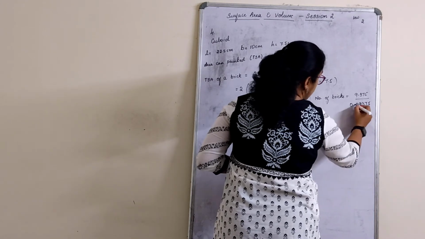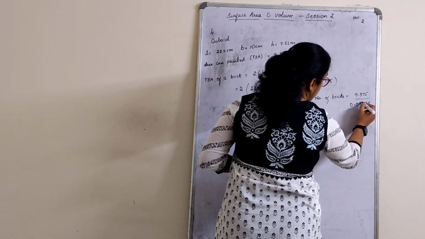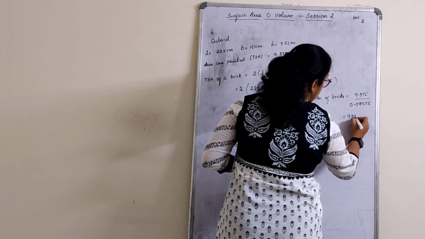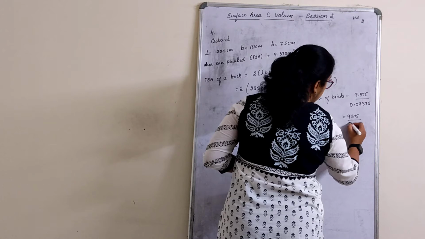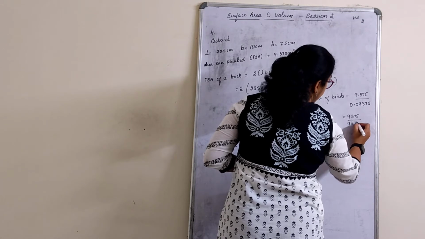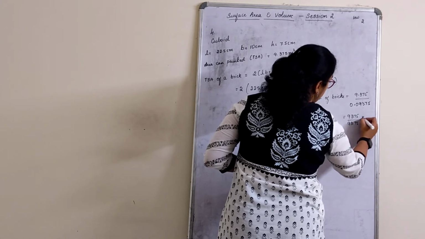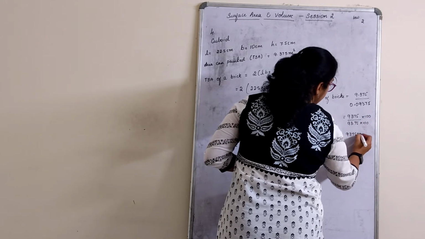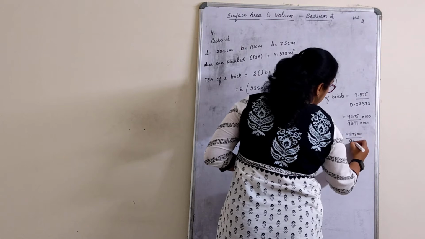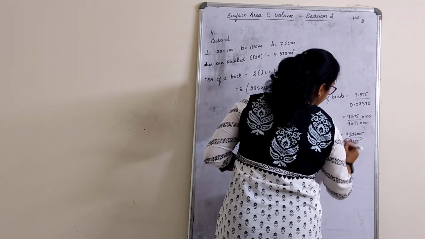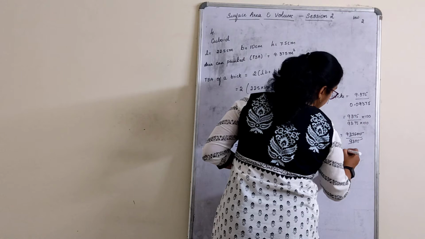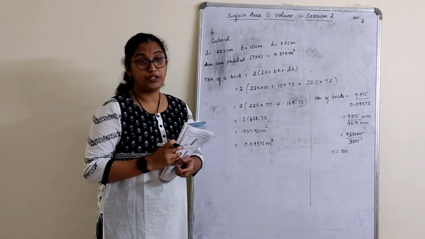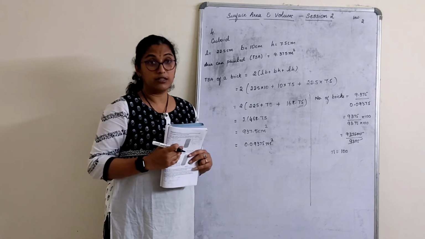Decimal if I shift 3, 1, 2, 3, it will come here, right? So this is 9375 divided by 93.75 into 100 into 100. 937,500 divided by 9375. Number of bricks which could be painted will be 100. Okay, this is how we are going to solve it. Similarly, we will solve the remaining ones.